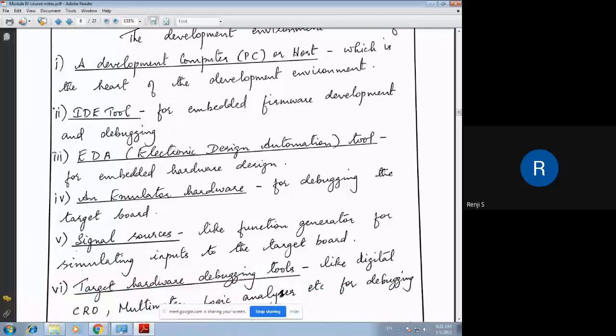Then we have the IDE tools. And what is IDE? IDE stands for Integrated Development Environment. The IDE tool is used for embedded firmware development and for debugging.